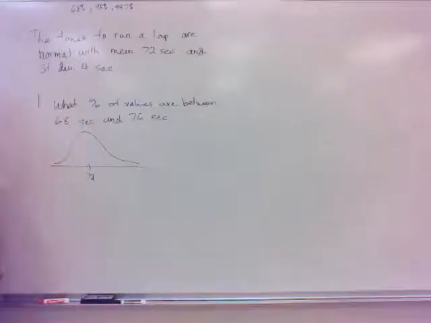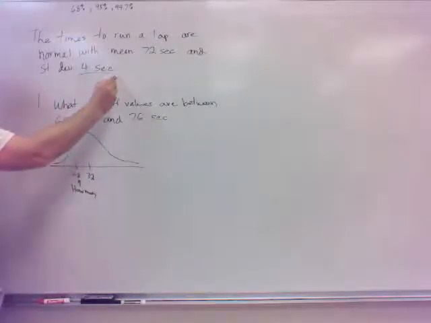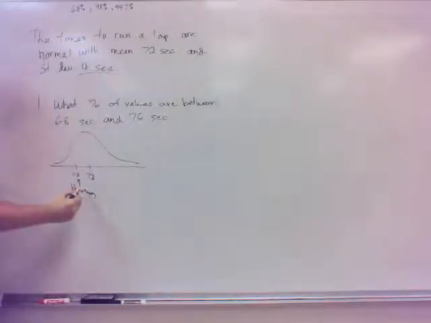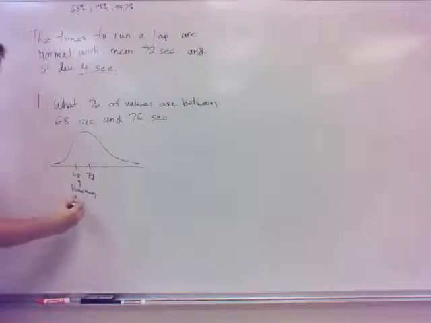However, what you want to do is look at it in terms of a standard deviation. How many standard deviations is 68 away from 72? Well, the standard deviation is 4. So wouldn't 68 be 1 standard deviation away from that mean?